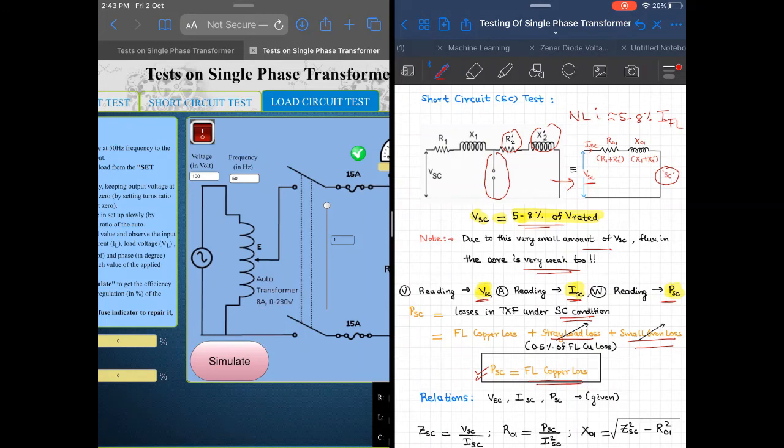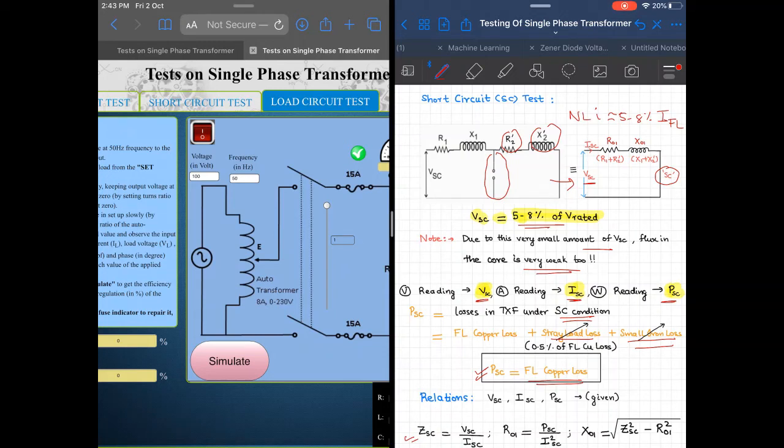Next we need to find the series parameters of the equivalent circuit. To calculate the series parameters, we have VSC, ISC and PSC values given. So ZSC will be VSC upon ISC.